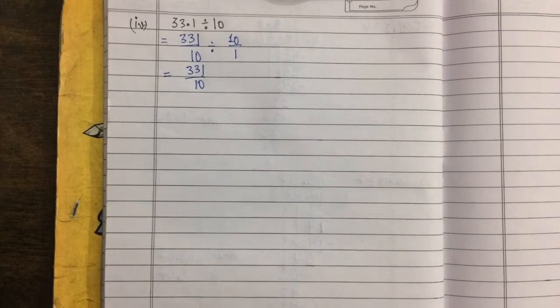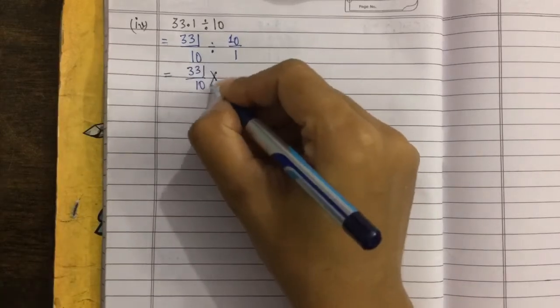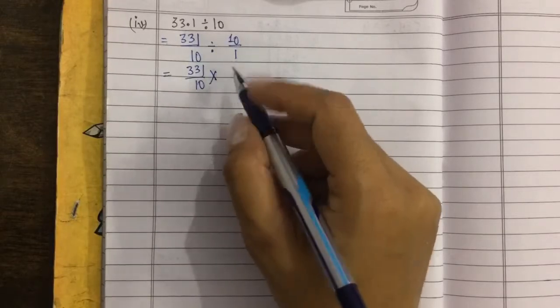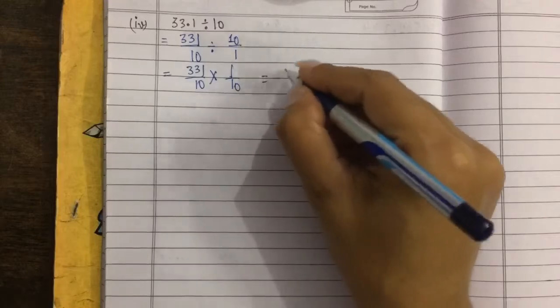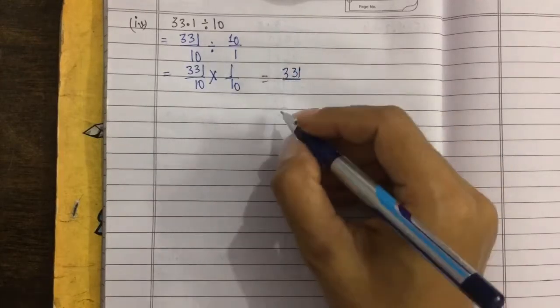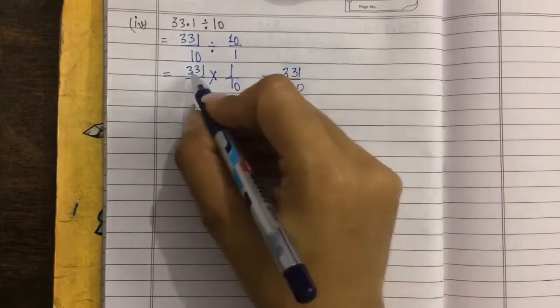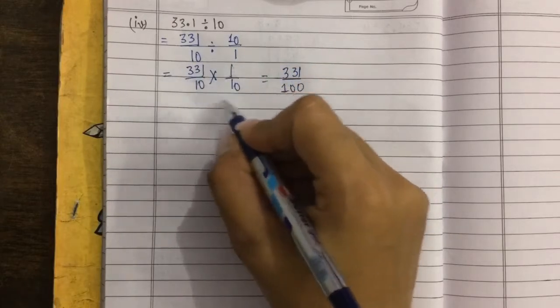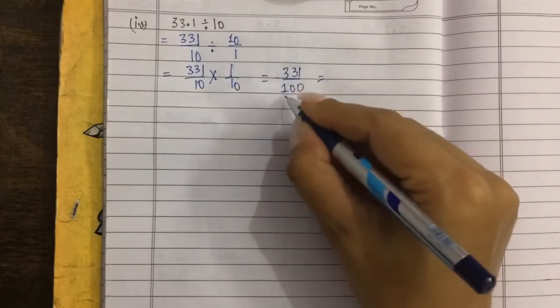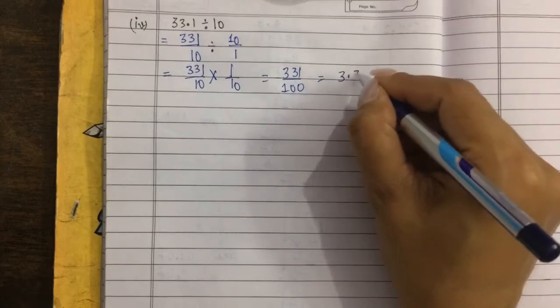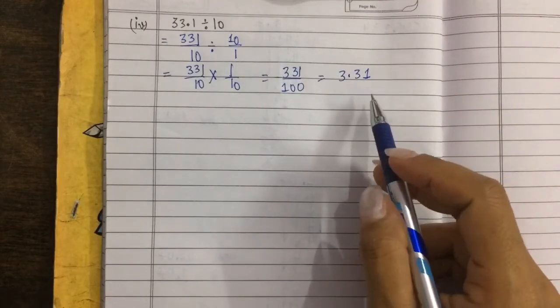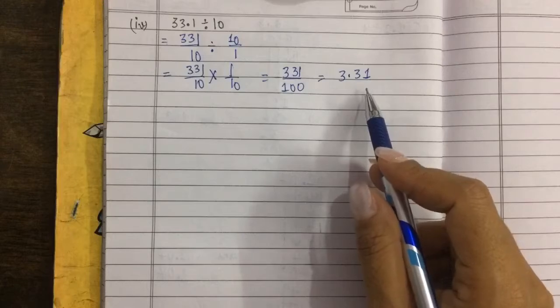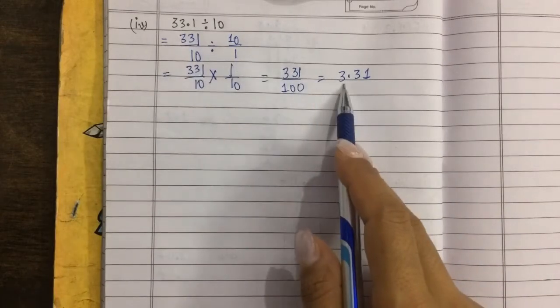To divide fractions, change the sign of division to multiplication. We use the reciprocal of the second fraction. We don't cancel these 10s. So 331 over 100, multiplying my numerators, multiplying my denominators. Now use this 100 to put the point back. The answer is 3.31. You could have used the shortcut and that would have given the answer in one step.